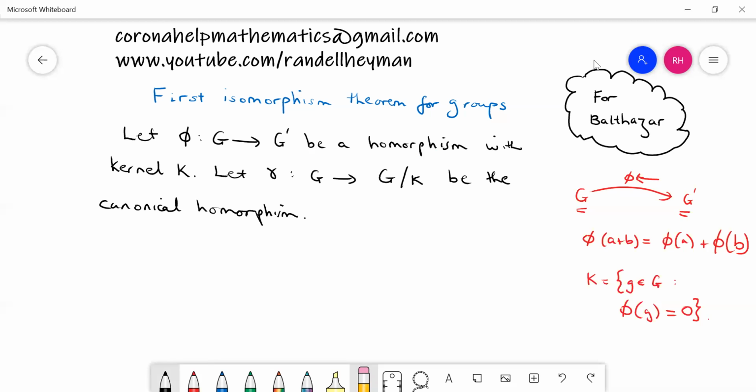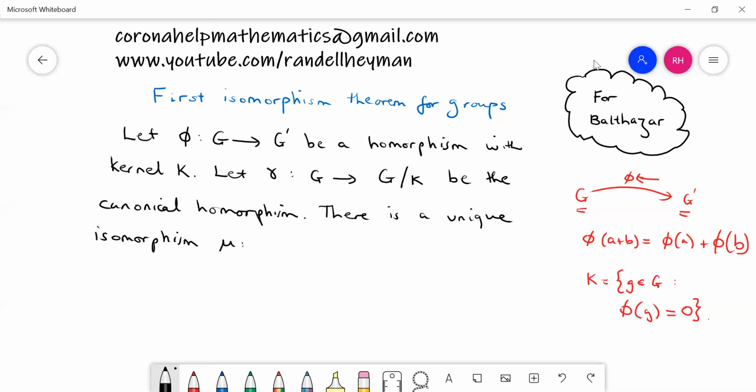Then the conclusion is there is a unique isomorphism. Remember, isomorphism just means that the two things are identical, subject to some relabeling. That's basically what it means.